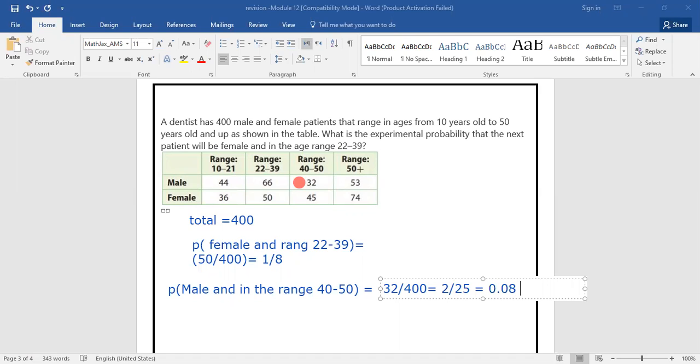What about if I want the answer as a percent? We will multiply 0.08 times 100. This changes the answer to a percent. It will be 8%.